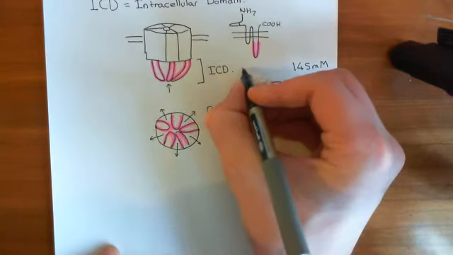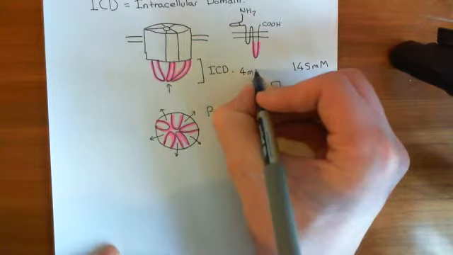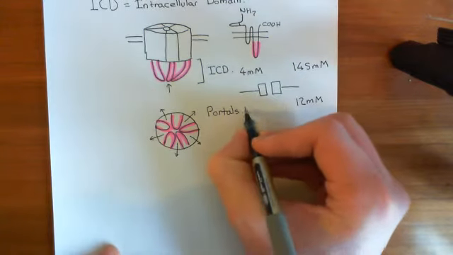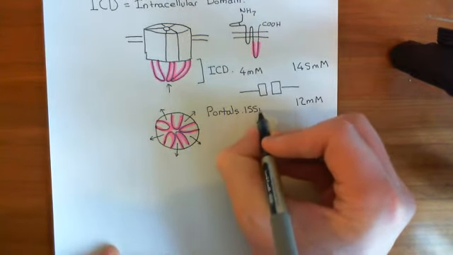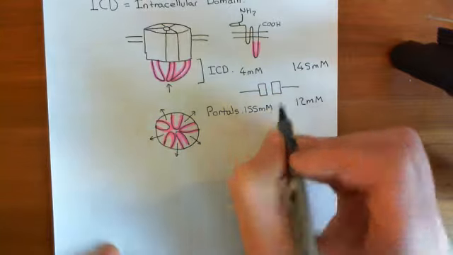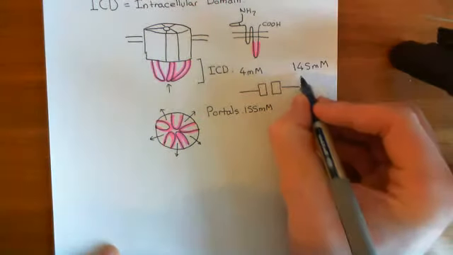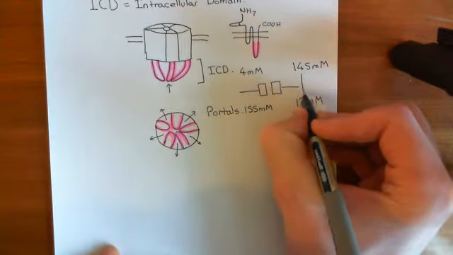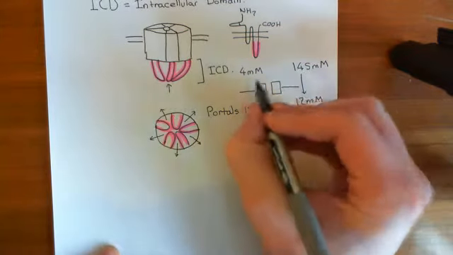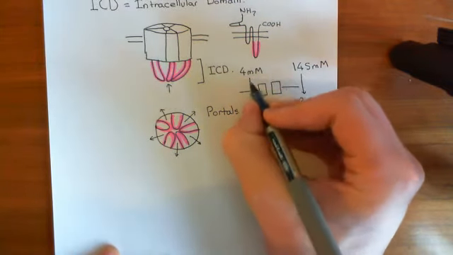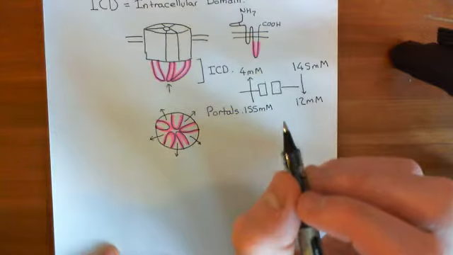The concentration of potassium extracellularly is around 4 millimolar, and intracellularly it is 155 millimolar. So, basically, the concentration gradient of sodium is favoring the movement of sodium in, and the concentration gradient of potassium is favoring the movement of potassium out.